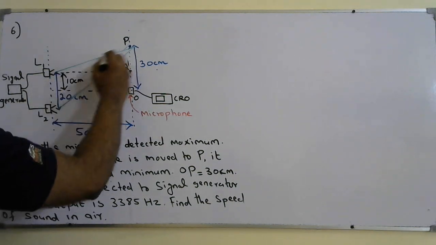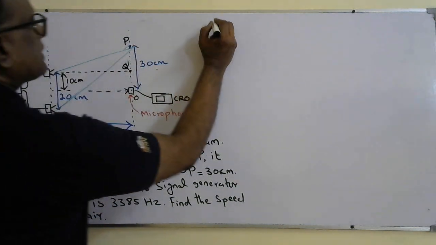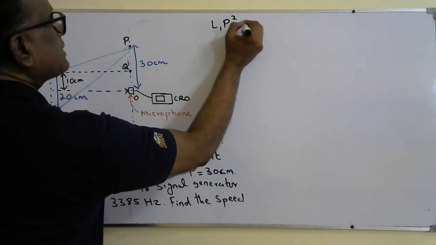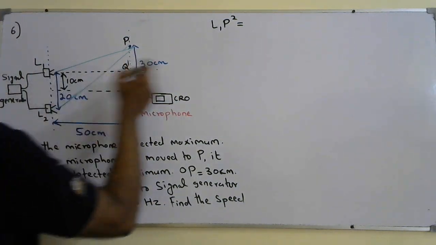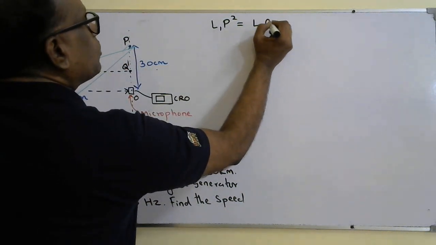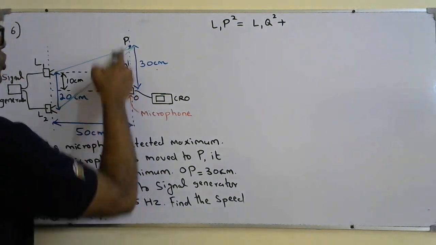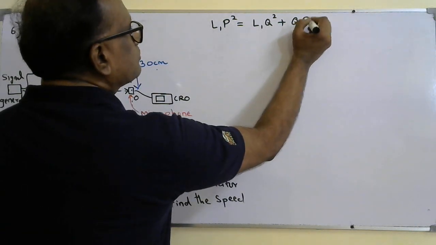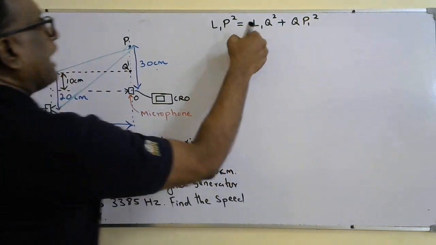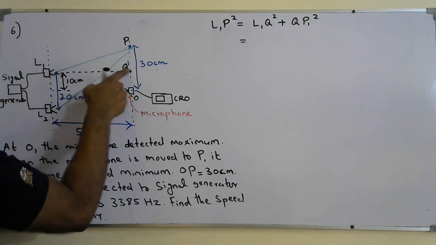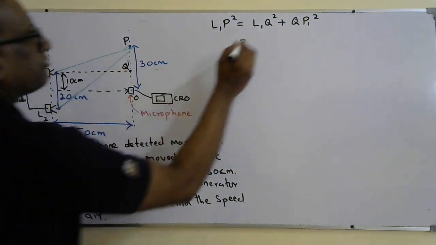I need to find this distance L1P. So I can say L1P squared is equal to L1Q squared plus QP1 squared. L1Q is 50 centimeter, so 50 squared.